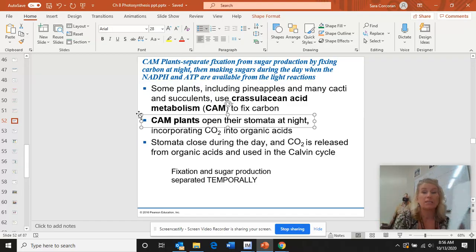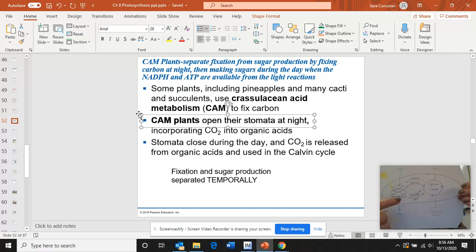Well, remember, ladies and gentlemen, that yes, we can fix carbon at night, but we can't make the sugar until what? Until we have our ATP and our NADPH, which come from what? The light reactions. So technically we do need light to make sugar.